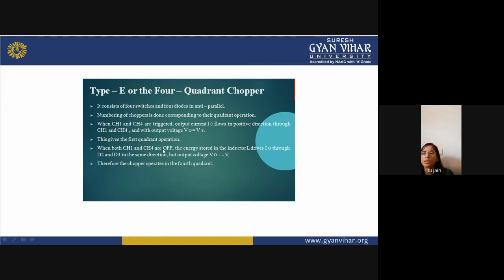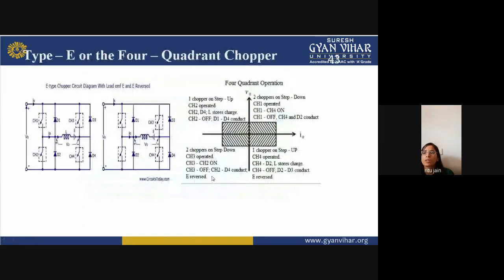When CH1 and CH4 are off, the energy stored in the inductor drives I0 through D2 and D3 in the same direction, but the output voltage will be in the negative direction. So you can see that when D2 and D3 are operating, the current is in the same direction, but the voltage will be in the reverse direction. So this is your second quadrant operation.